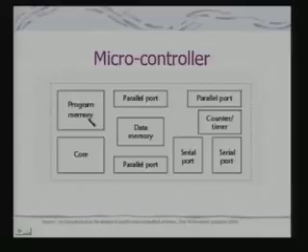Now, why have I shown program memory and data memory separately? In many cases, my program memory can be a read-only memory, an erasable PROM, or even flash, which is expected to be a persistent storage. That means when an embedded system comes pre-programmed, the program is stored in the program memory, which is not typically RAM.